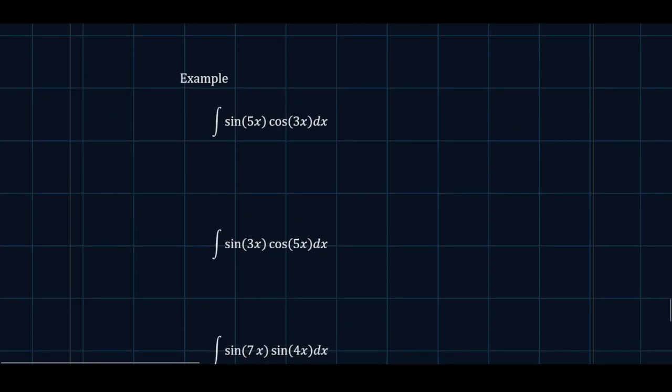Okay, first example, we want to get the integral of sine 5x times cosine 3x dx. All we have to do is examine the given. We can think of this as sine mx cosine nx dx. So all we have to do is apply the necessary substitute.